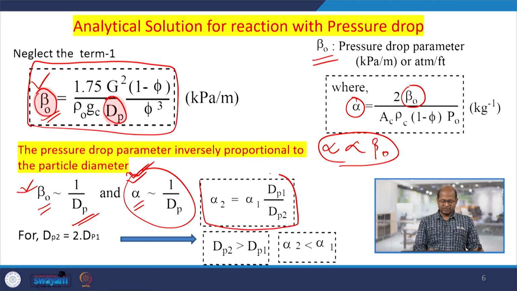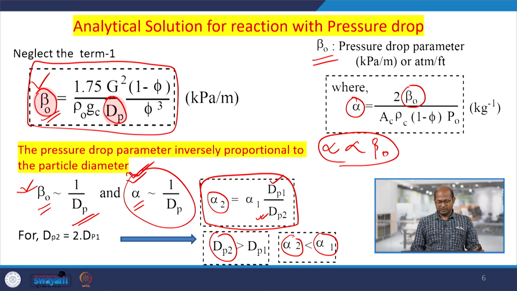So we can write this: if you have taken two different particle diameters, earlier a smaller diameter, and then a larger diameter placed inside the bed, and we conduct the same reaction by changing the particle diameter, then the alpha 2 value will be different. The alpha 2 value will decrease if the particle diameter increases. So this is alpha 1, this is alpha 2.